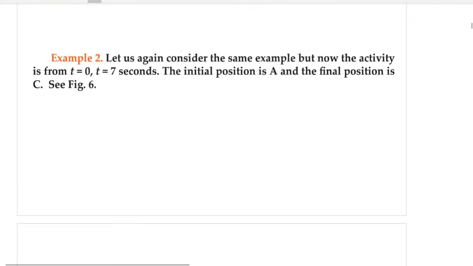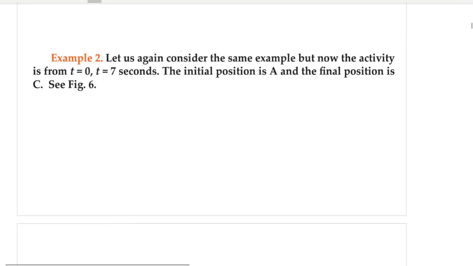Correct? Let us consider the same example, but now the activity is from t is equal to 0 to t is equal to 7 seconds. You remember what the cyclist did from t is equal to 0 to t is equal to 7 seconds? So I will show you the example with the help of a sketch.